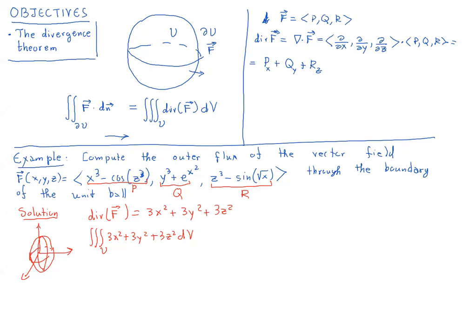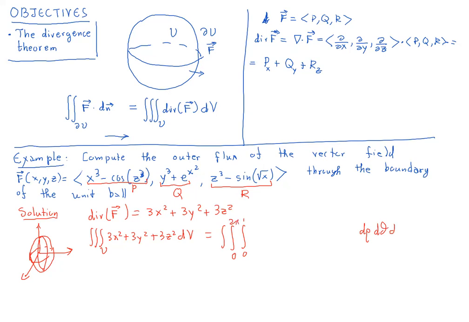Since the domain is the ball, it's a no-brainer. Go to spherical coordinates. Here we have the full ball, so it should be pretty straightforward to set up the bounds. Rho is going to go from 0 to 1. Theta is going all around from 0 to 2 pi.